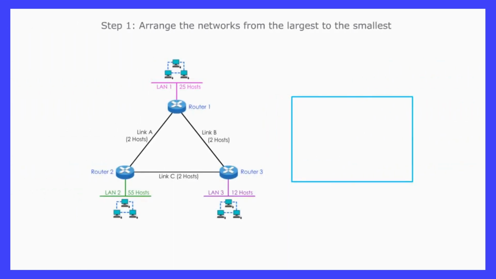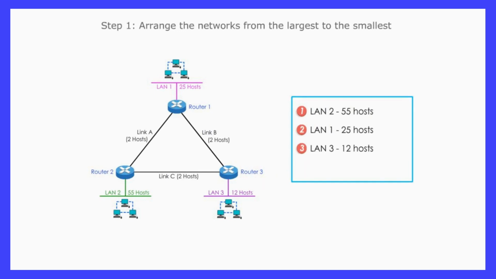Step 1. Arrange the networks from the largest to the smallest. Thus, the largest one is LAN 2 with 55 hosts. The next largest one, LAN 1 with 25 hosts. The third largest one, LAN 3 with 12 hosts.